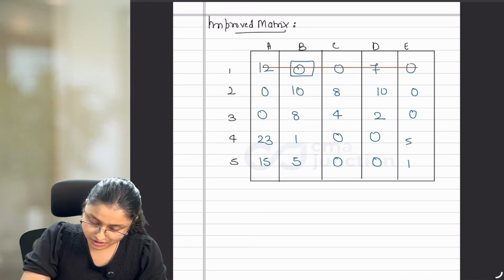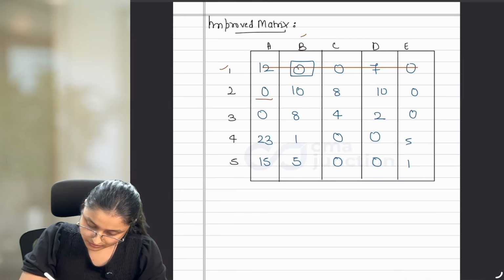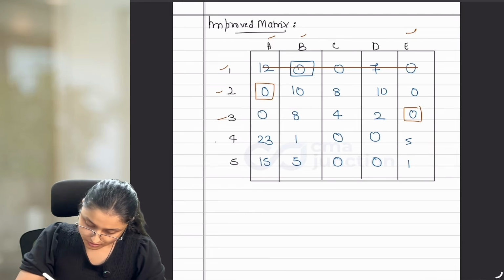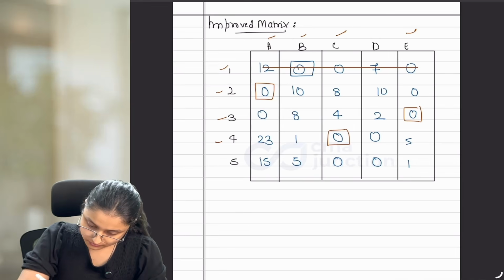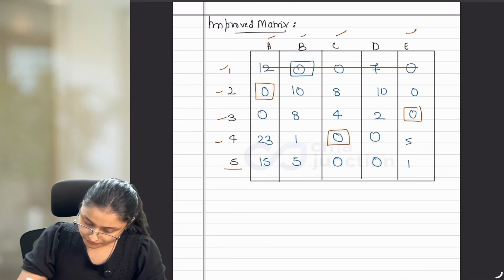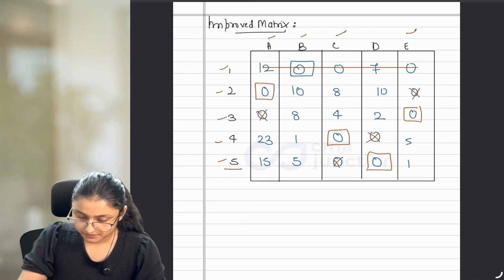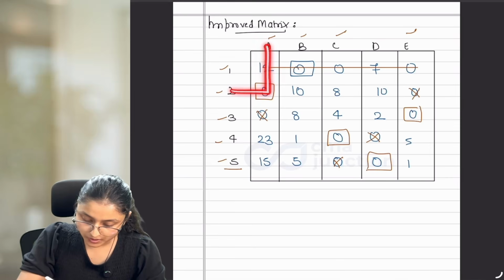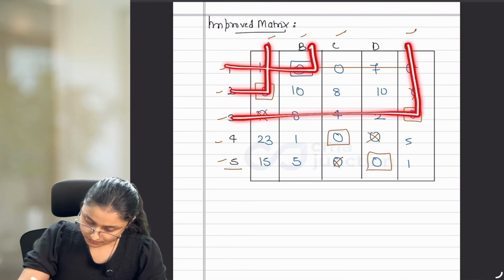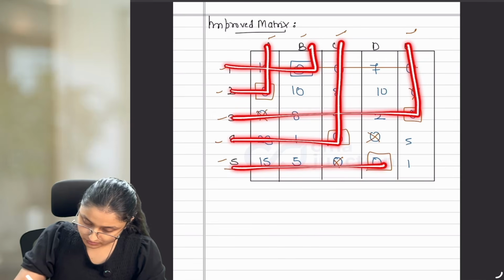But before random selection, first find out what is already assigned. This is already assigned. Now I have to assign this. So I am assigning this and this. Here I am assigning this and this. For fourth I am assigning this one, and for fifth I'm assigning this one. Okay? With the help of this, only one job is assigned to one worker. No jobs are assigned to two workers.